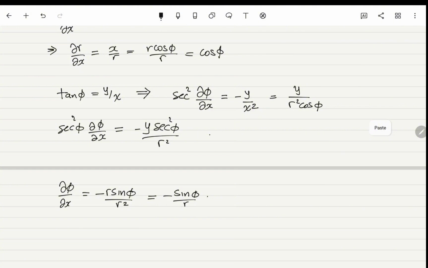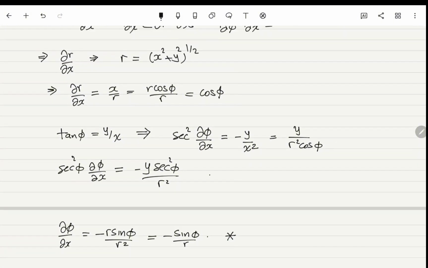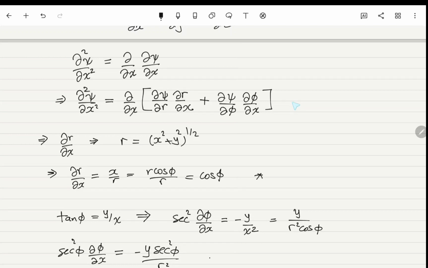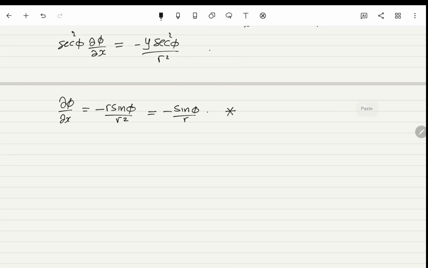Now let's substitute this equation and this equation in this one right here. You will get partial 2 psi partial x square equal to partial x of cosine phi partial psi partial r minus sine phi over r partial psi partial phi.